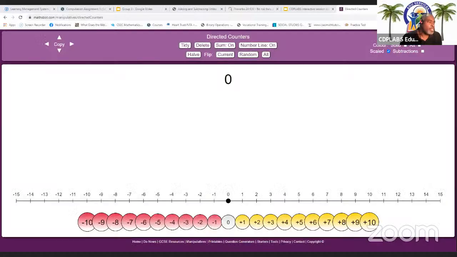Should I use a number line? Let's use a number line first to show the idea of multiples. All right. So we have, let's try positive 2.